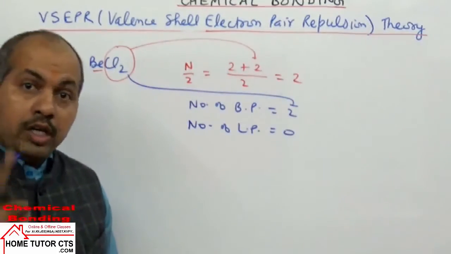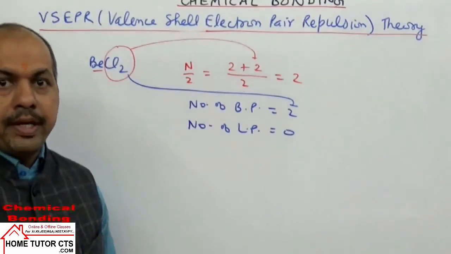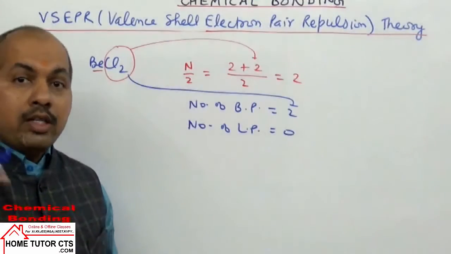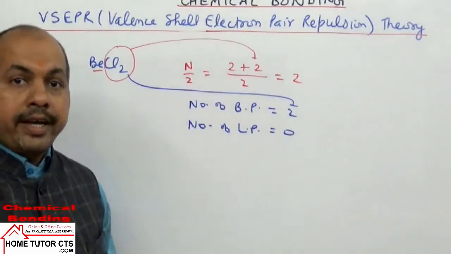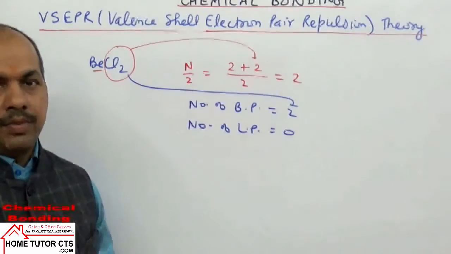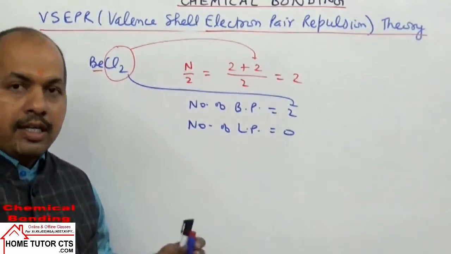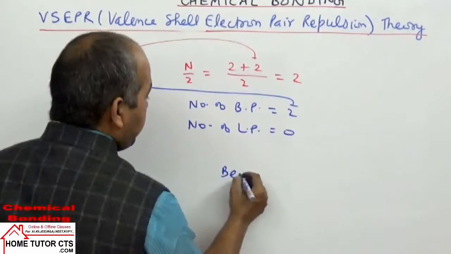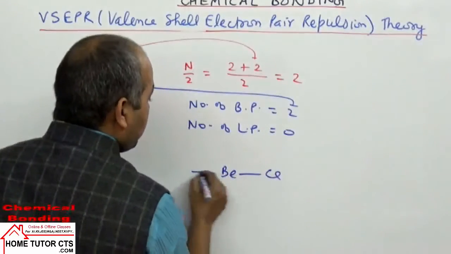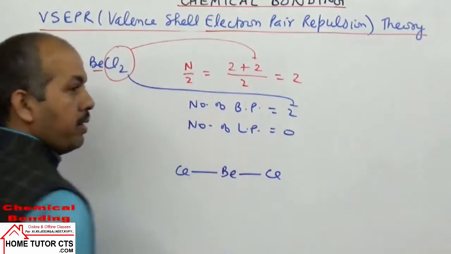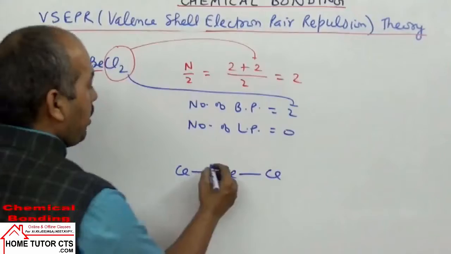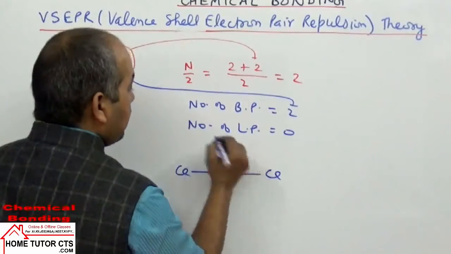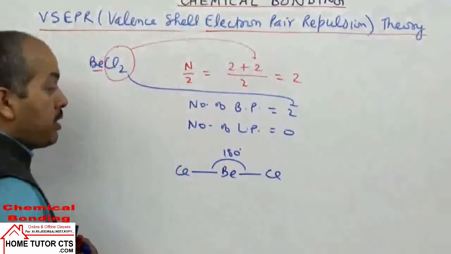Now when we have only 2 bond pairs and no lone pair, in what geometry can they have the least repulsion? You can see here, when the shape is linear, the bond angle becomes the maximum possible, 180 degrees, and the repulsion is the least.